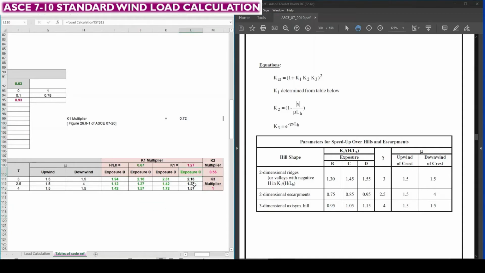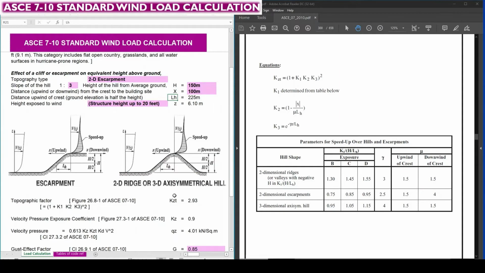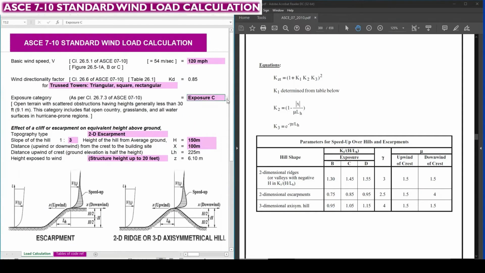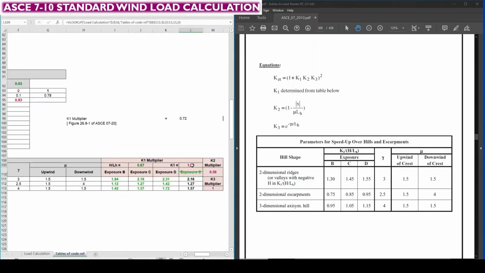Then for exposure category C alone, which we selected here, we are getting the K1 multiplier factor as 1.27. Through the interpolation and VLOOKUP method, this K1 factor is calculated.